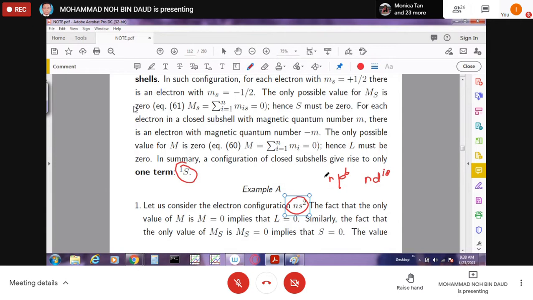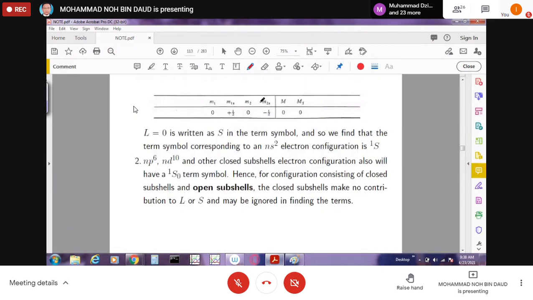For the equivalent electron, in this case the closed shell electrons, we must get out from this table. For the 1s, 2s, you can get the 0, 0, this, the examples.